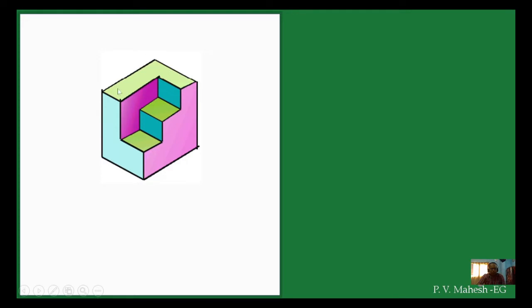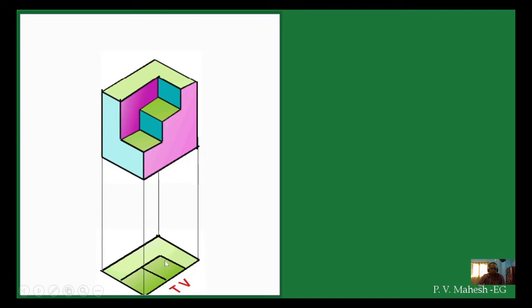What we see in the top view is only the light green colored objects. So this is the top view. How do we draw that? We'll see how to draw it. We will first draw the top one. This is surely visible from the top, so we will get that L shape.